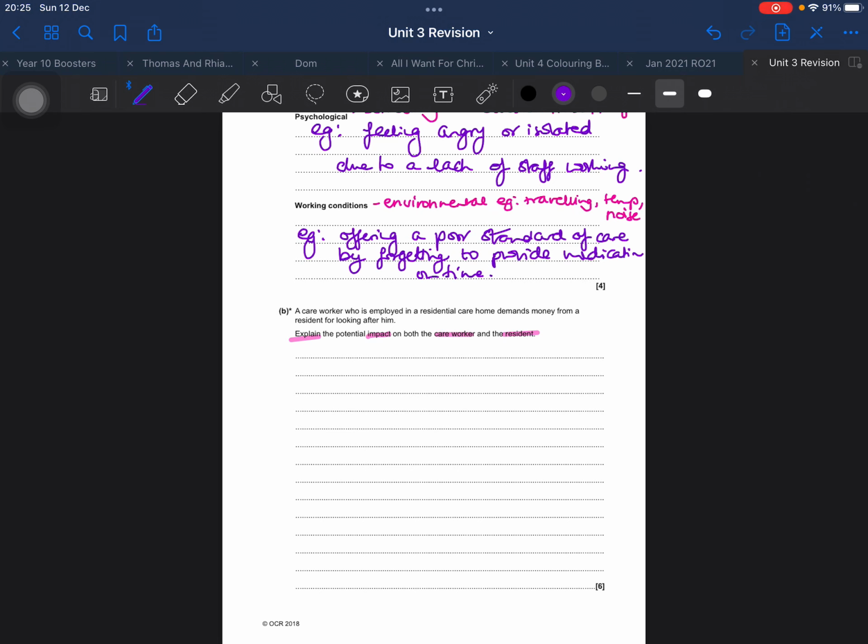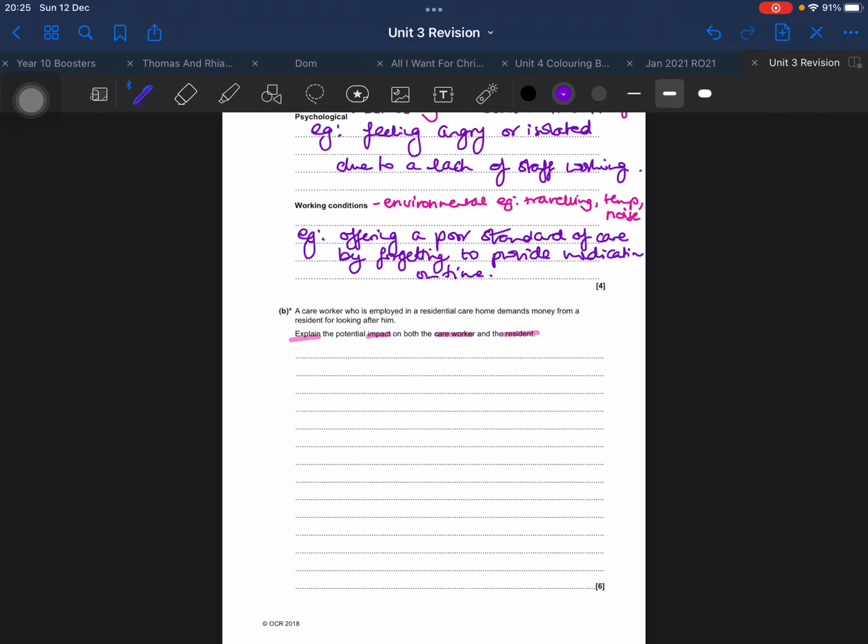It's a 6-mark question, 4 to 6 marks for level 2, where you will have a detailed explanation of the impact of what is classed as financial abuse on both care worker and resident. In level 1, you may have covered either limited of both of them or only given a list, really.